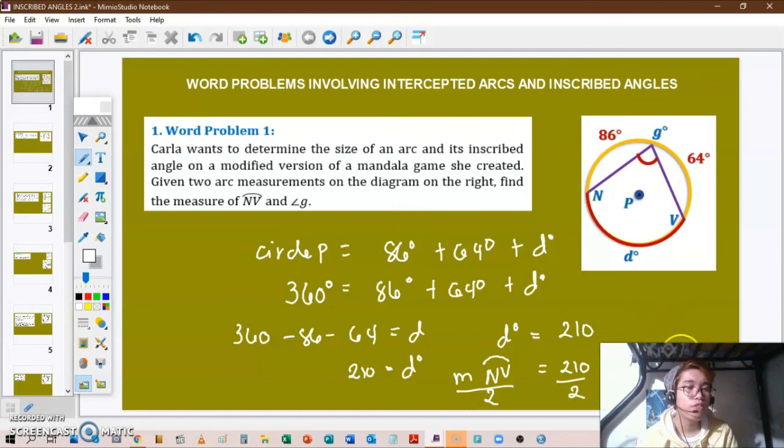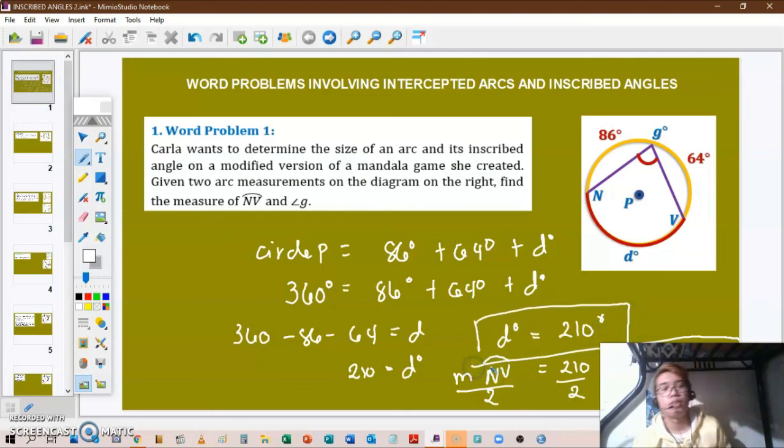Therefore, the value of angle G is 105 degrees, and the measurement of arc NV is 210 degrees. That's our solution for problem number 1.